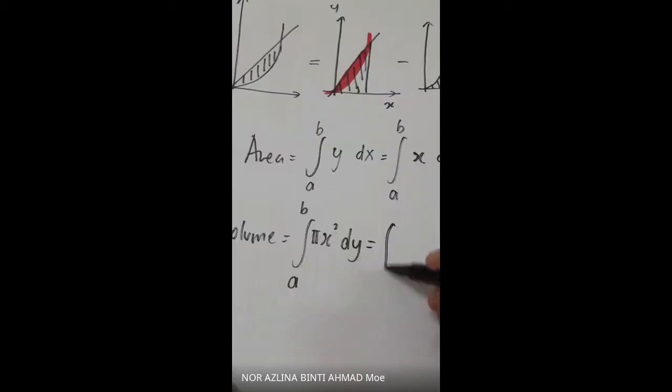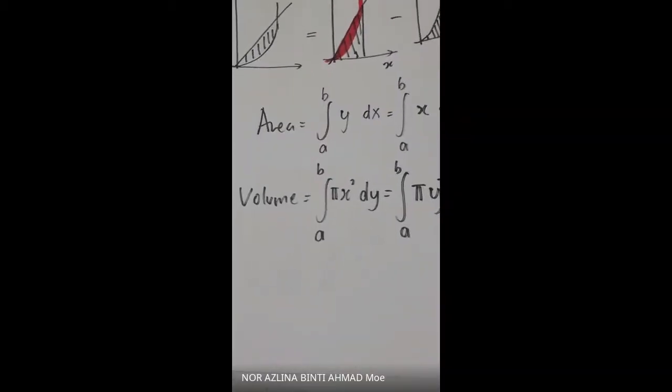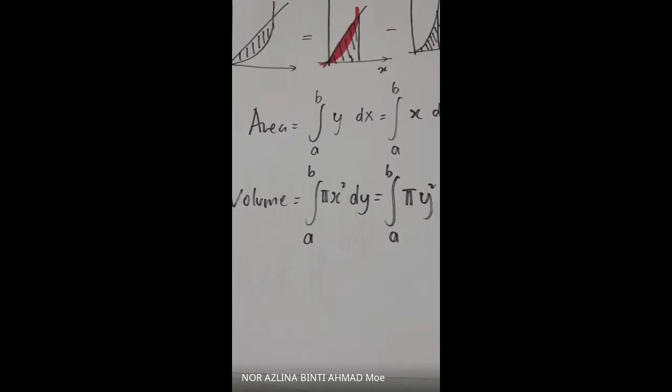If rotate about the x-axis, it should be dx, and here must be y squared and pi. That is the formula.